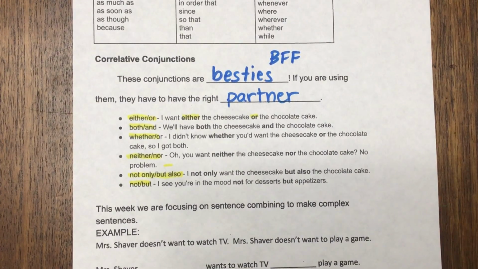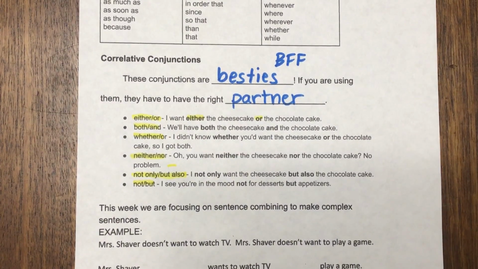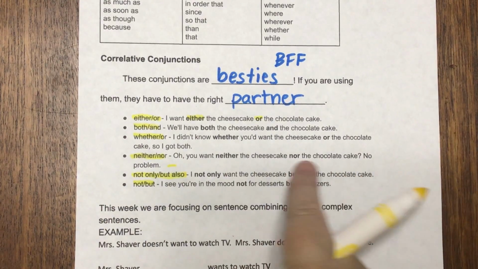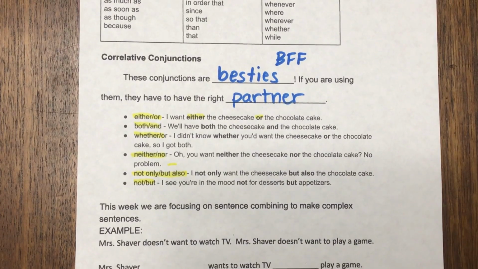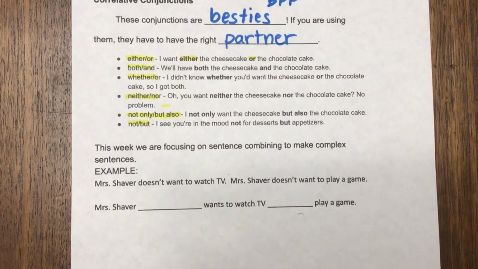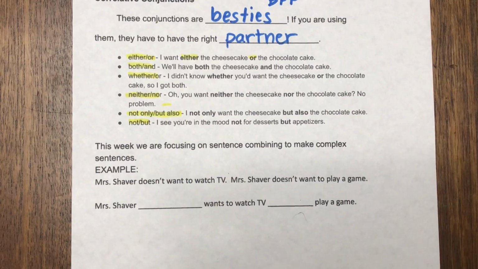Okay, so we're going to see these partners working together, and you're definitely going to see sentences where they ask you, are they used correctly? And that mainly means, are you using the right partners together, or the right besties together? So this week, our test is mainly going to focus on sentence combining to make complex sentences. Here's an example. They'll show you two sentences: Mrs. Shaver doesn't want to watch TV.